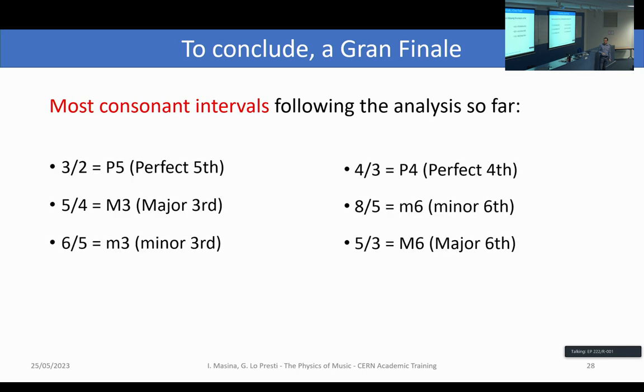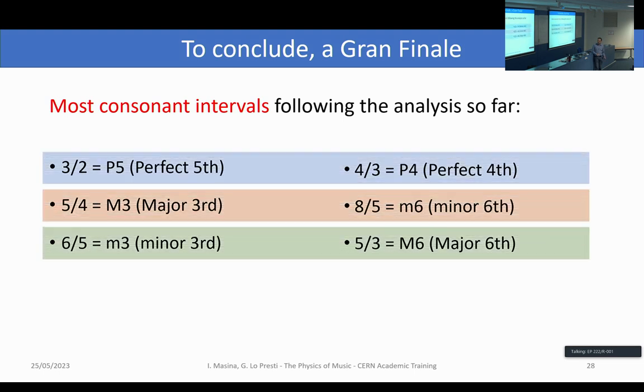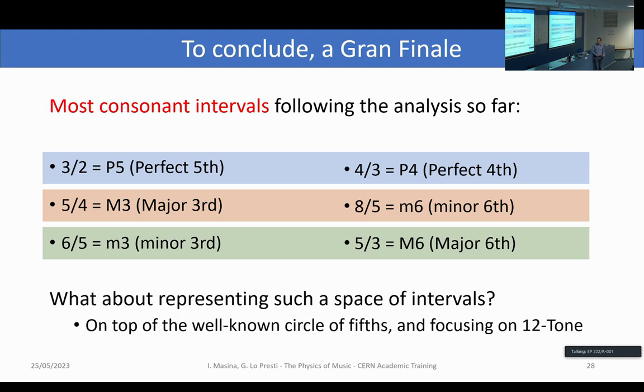That is, we now take those intervals that by now it's clear are the most consonant intervals, at least for Western music. This is now mostly focusing on Western music, in fact. Then let's try to memorize for now those three colors, because those three are kind of axes that we'll use to make a representation of the phase space of the tones.